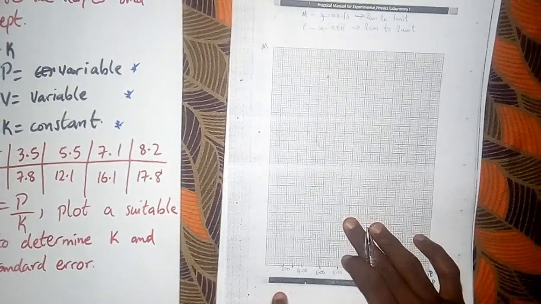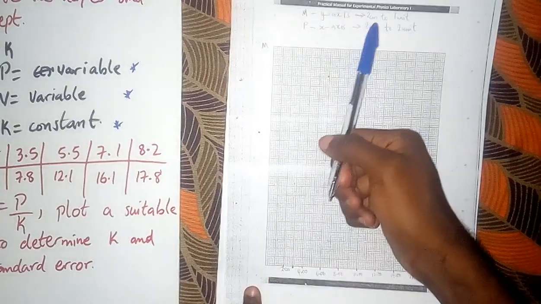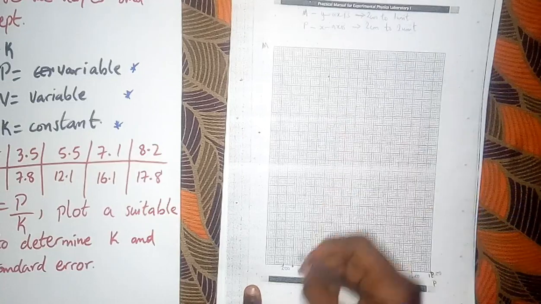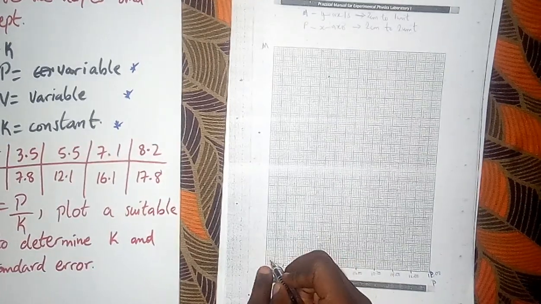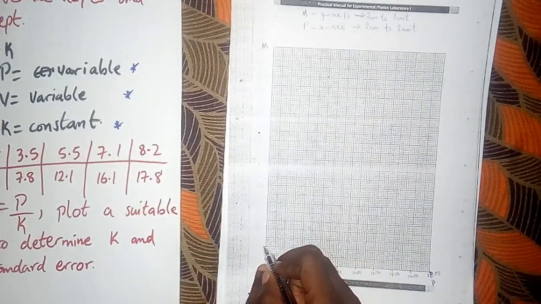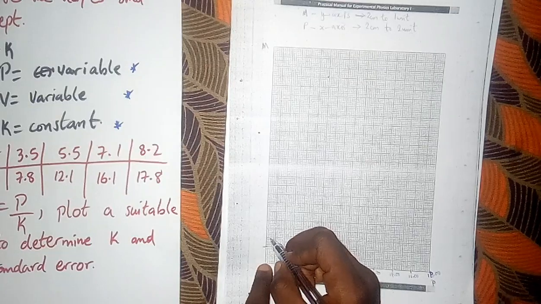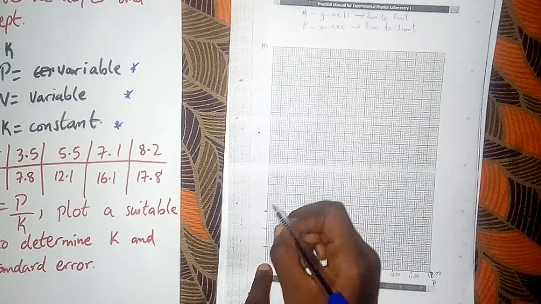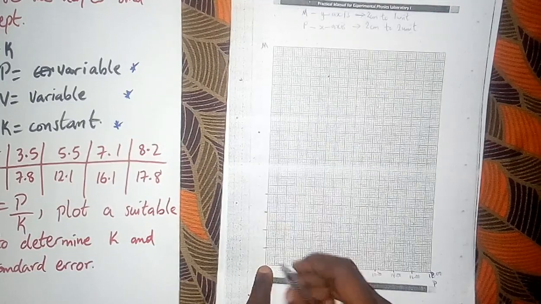Okay, so let me write down the one for M too. So the one for M, we are using 2 centimeter to 1 unit. Okay, so that will be after 2 centimeter, another 2 centimeter, another 2 centimeter. So 2 centimeter to 1 unit.